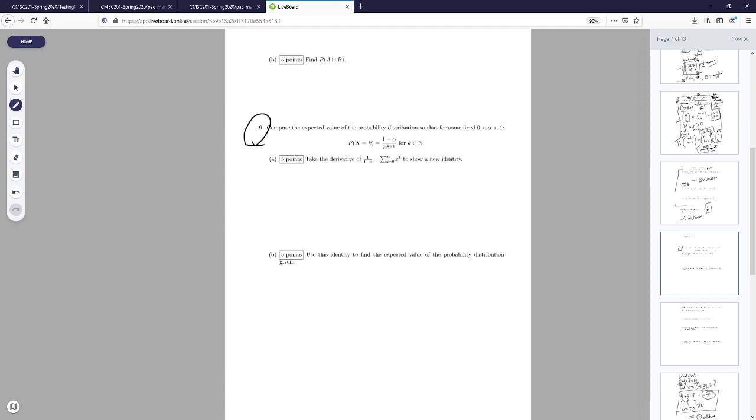So, here's the thing. I'm going to let you guys figure out the derivative of this thing. It's technically, theoretically, technically.